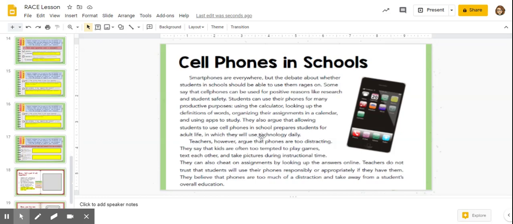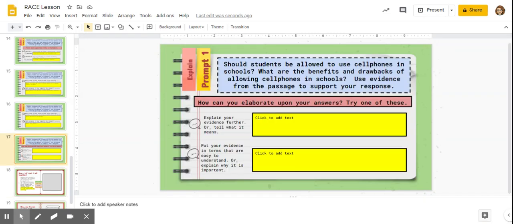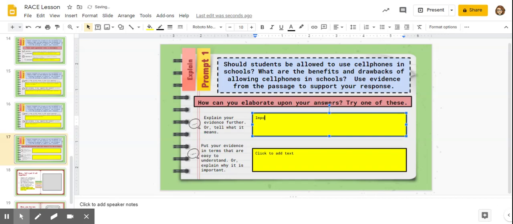Say that they use technology daily. Say important for students. Don't mind my dogs, they're starting to bark at each other. Important for students to use technology daily. Put your evidence in terms that are easy to understand or explain why it's important.